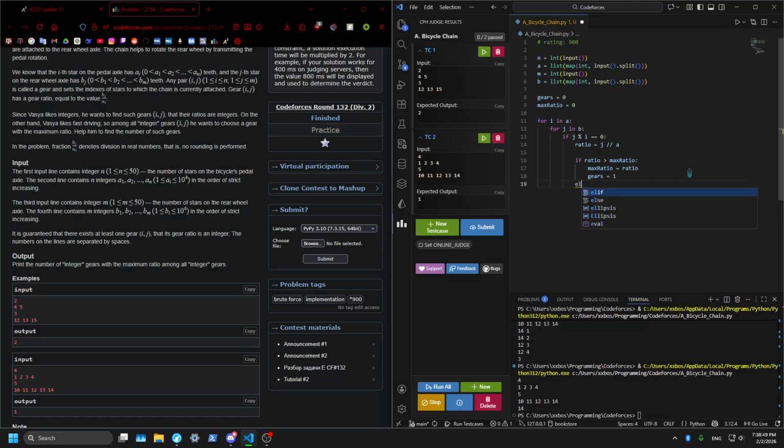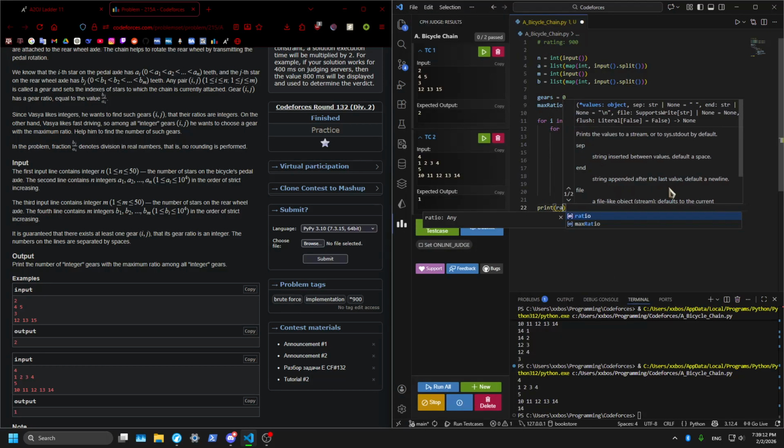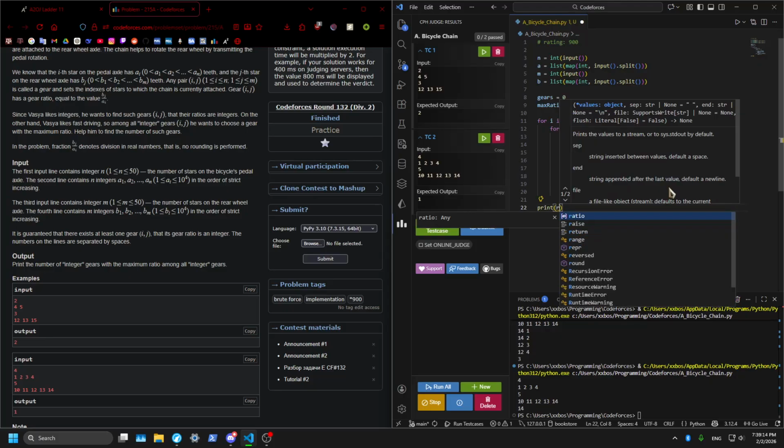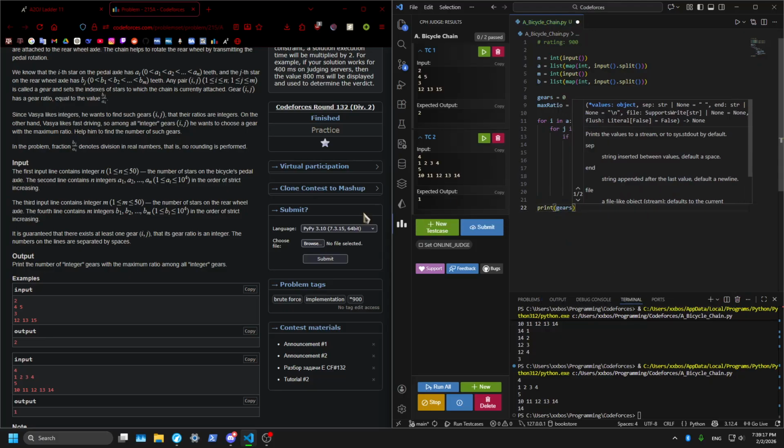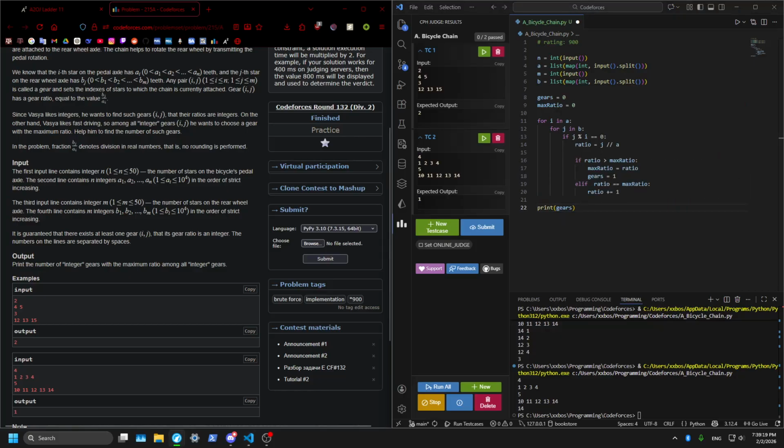Else if the ratio is equal to the max ratio, then we just plus equals 1. There we go. That should just be the full problem. It's a pretty simple problem. And we can print ratio. We print gears here. So yeah, pretty easy problem.